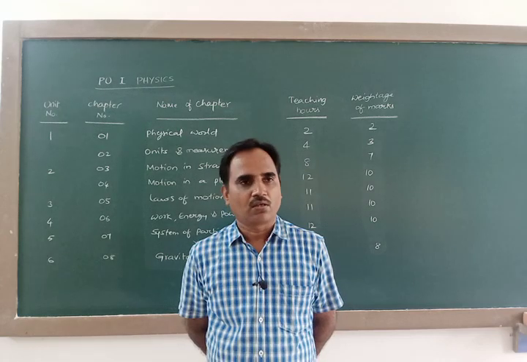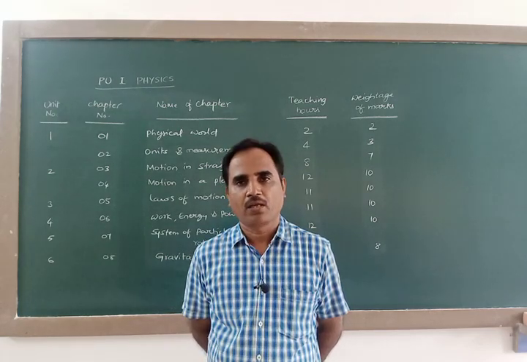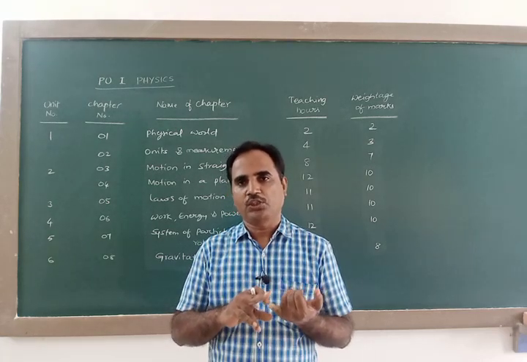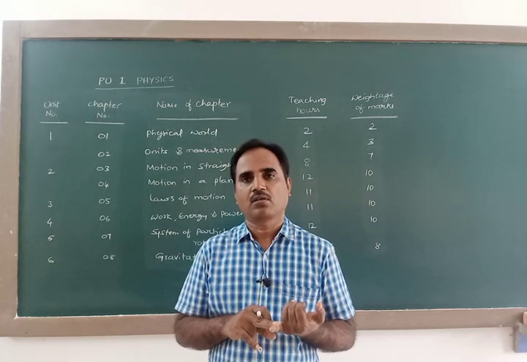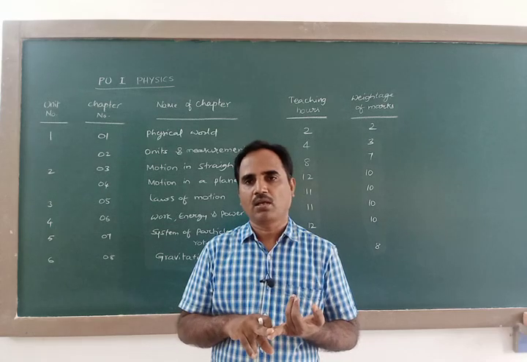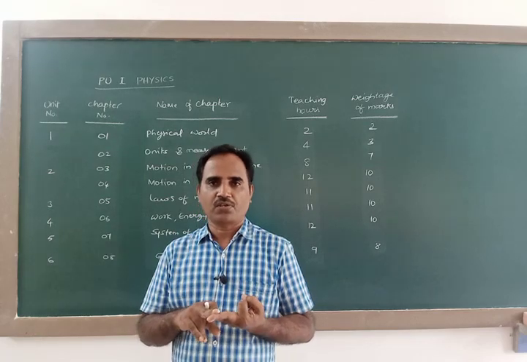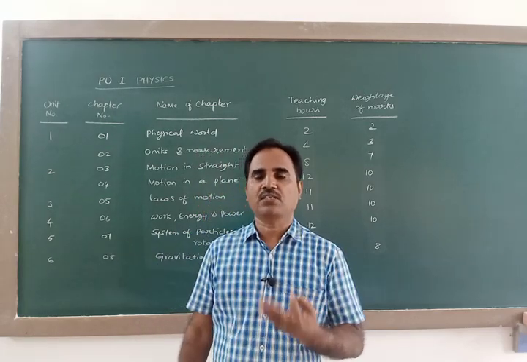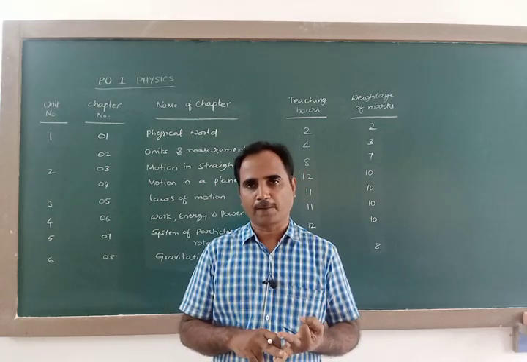So in first year PUC physics, you are going to study about general topics first. After that, mechanics, heat and wave motion. So after studying the general topics, you are going to study these 3 parts of general physics, that is mechanics, heat and wave motion.